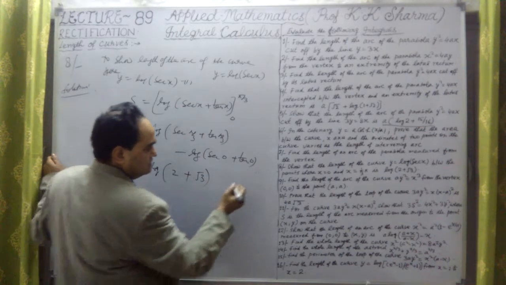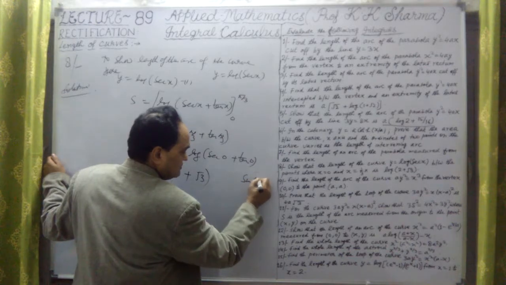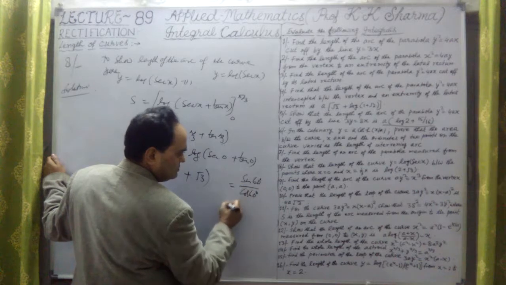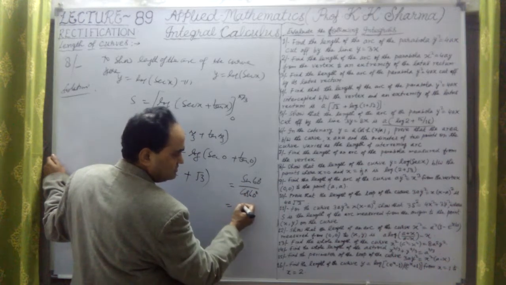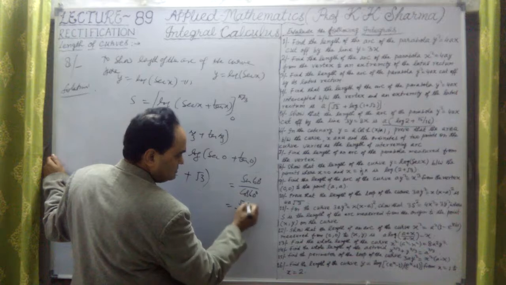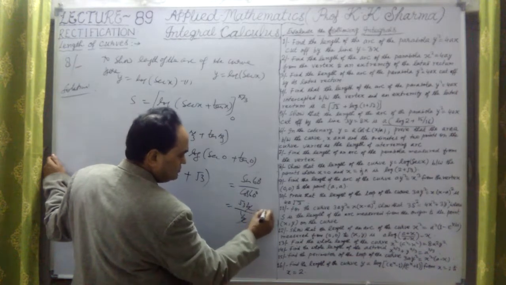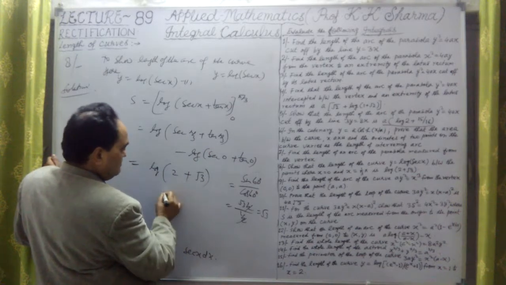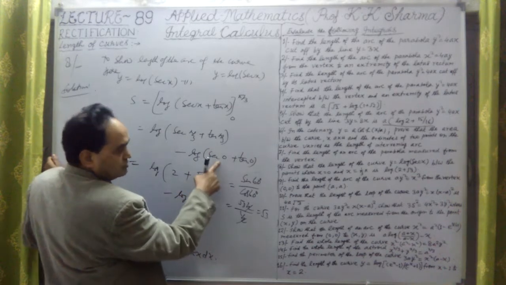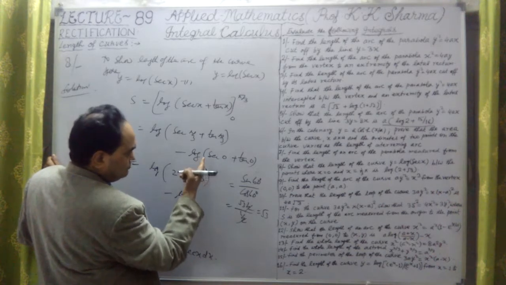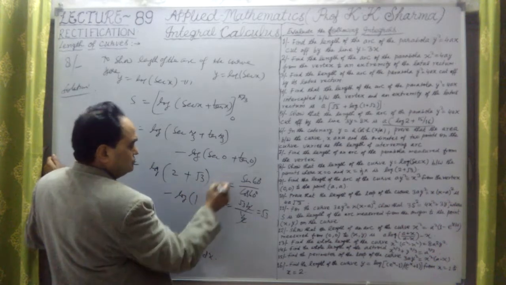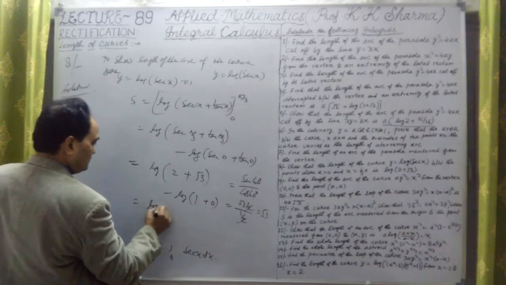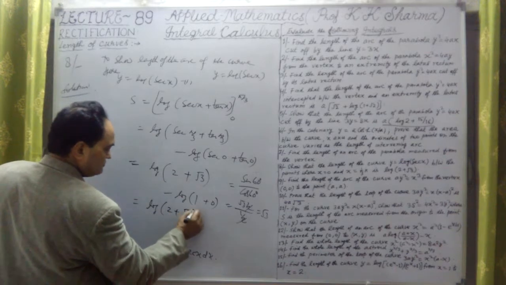Why root 3? Because tan 60 means sin 60 degree, pi by 3 means 60 degree, upon cos 60 degree. With this trigonometry we know sin 60 degree is root 3 by 2, and cos 60 is 1/2, so the 2s cancel out, only root 3. So tan 60 degree is root 3. Minus log of secant 0 plus tan 0: cos 0 is 1, so secant 0 is 1, tan 0 is 0, so it is log 1, which is 0. It is only log of 2 plus root 3.